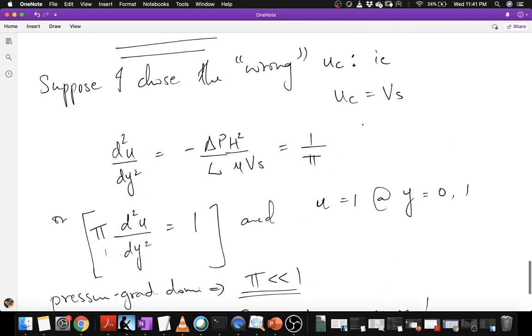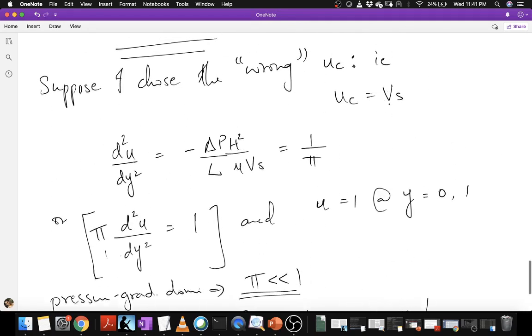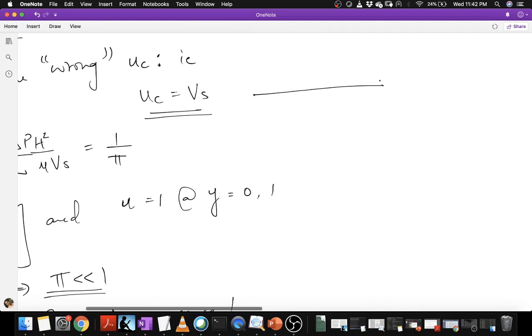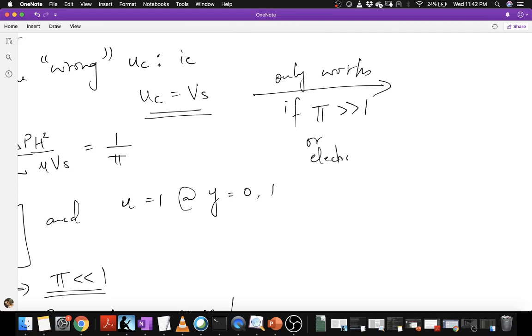Instead, if we want to say this, that UC is equal to Vs, it should correspond to the condition that pi is much greater than 1. So I'm only justified in making this statement UC is equal to Vs. So let's just do that here. This only works if we had the problem where pi was greater than 1, or the electro-osmotic flow is dominant.